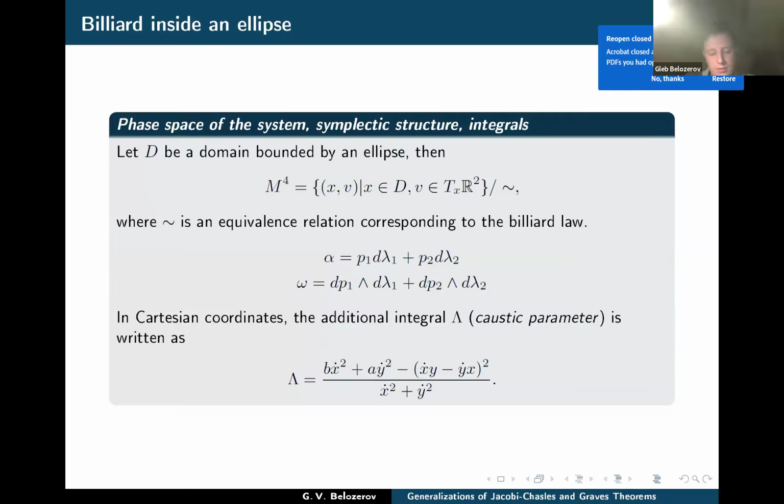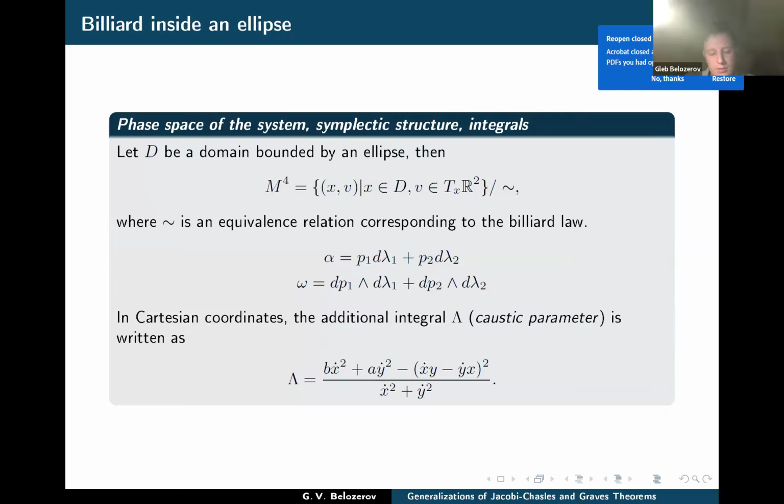In Cartesian coordinates, the additional integral, where lambda is the caustic parameter, can be written by the following formula. Here is the parameter of the caustic.